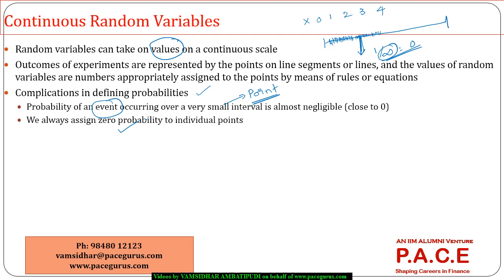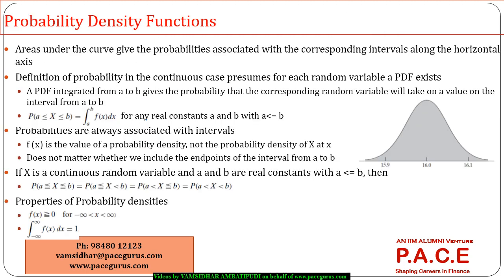Having understood continuous random variables, let's go on to try to understand the probability density functions associated with them. When we are talking about probability density functions, we are mentioning the area under the curve. The interval is taken on the horizontal axis, the values which the random variable could typically take.